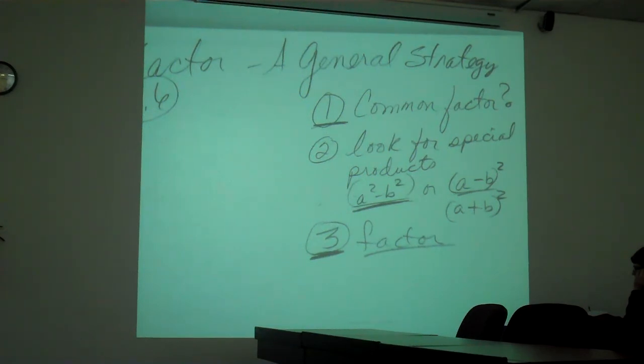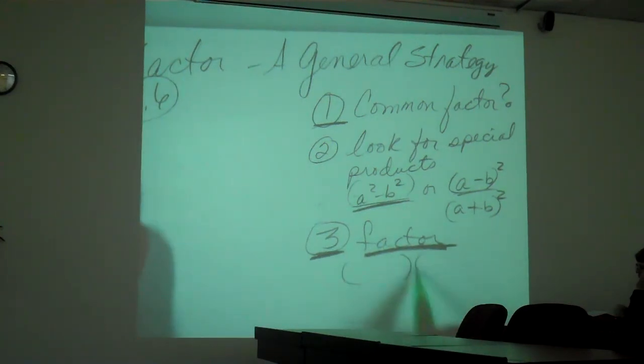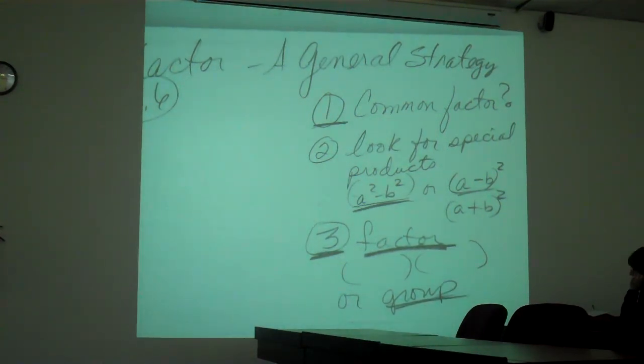Okay, so the first thing, let's get a problem here. Oh, there was something else. When you're factoring, remember it could be just a normal factor, or you may have to group it. Remember the grouping ones too. If there's 4 of them, remember you have to group.